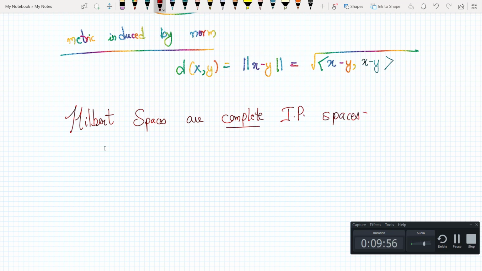As we saw in the video before, if I take any Cauchy sequence and I take the limit of it, then the element that I get, if it itself belongs to the vector space in consideration, then the vector space is complete. And that is the idea behind Hilbert spaces. Hilbert spaces are very important. All of our formulations in quantum physics would be based on our understanding of Hilbert spaces.